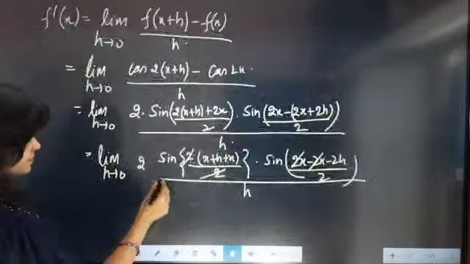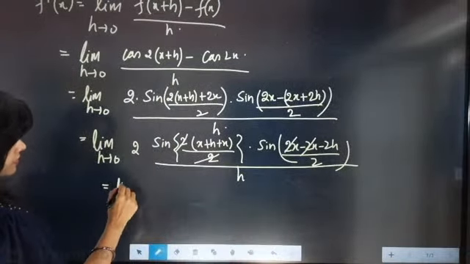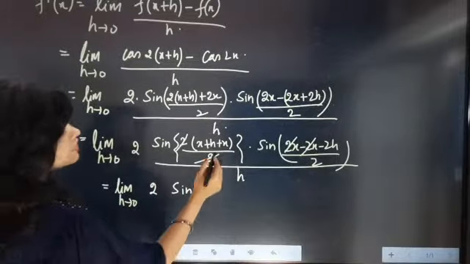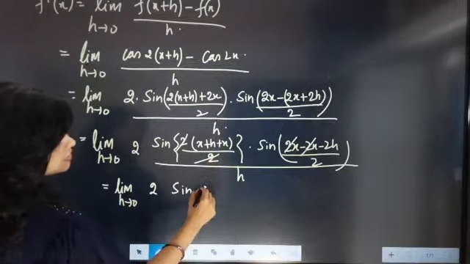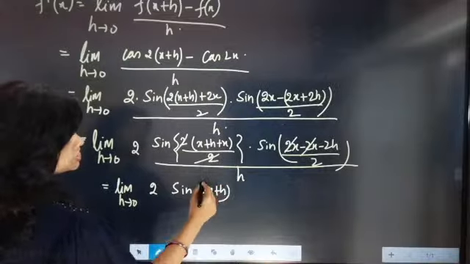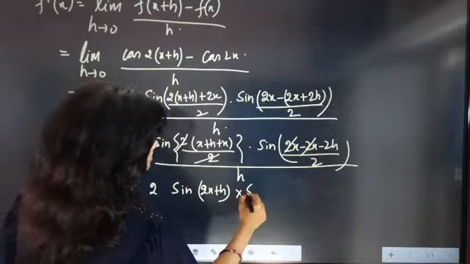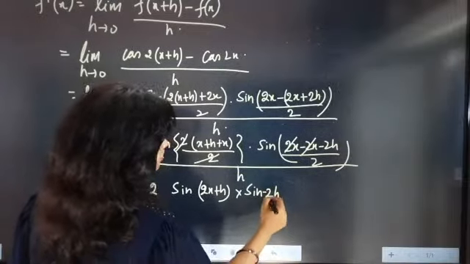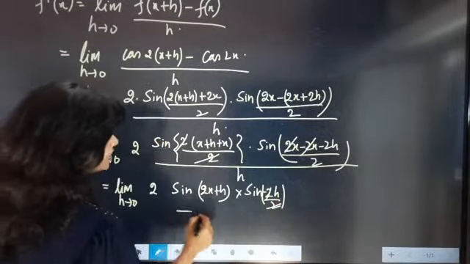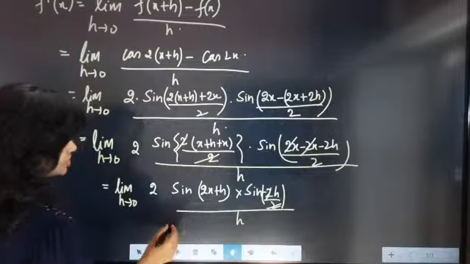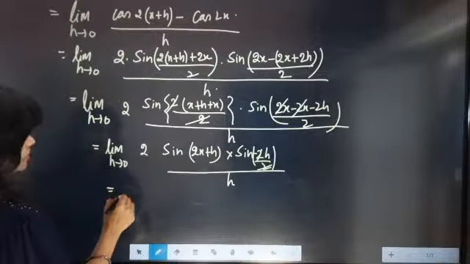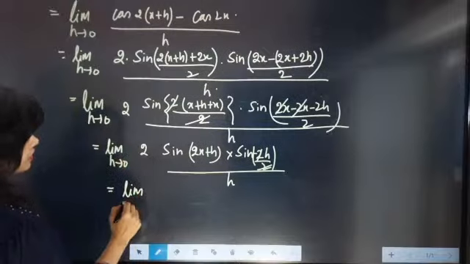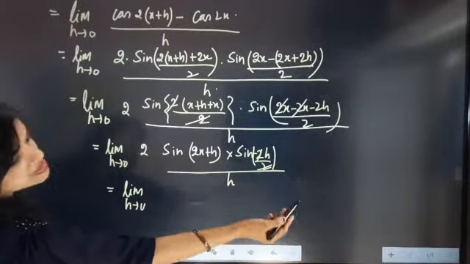H is coming. So limit h tends to 0 to sine, it will become 2x plus h. This part is going to come as sine of minus 2h by 2. So minus this 2 and 2 will get cancelled. It is coming as h. So the best thing is that we know that sine of minus theta is minus sine theta.